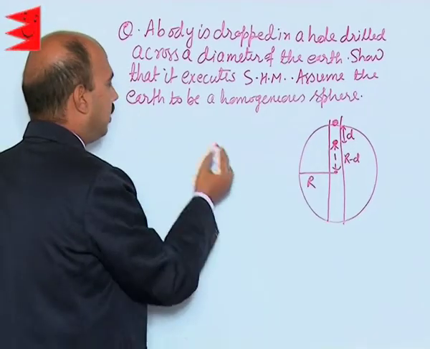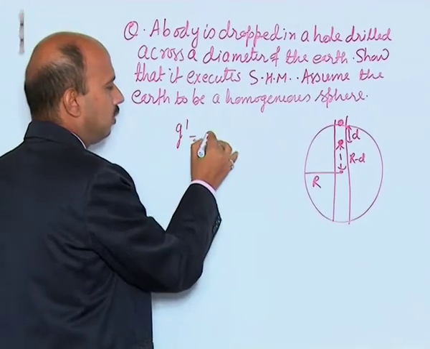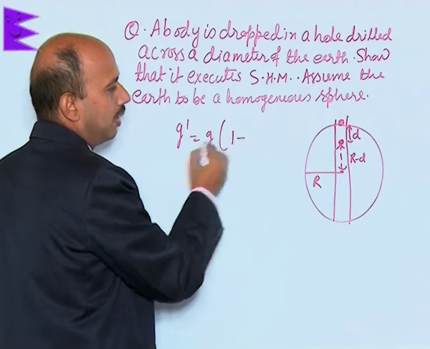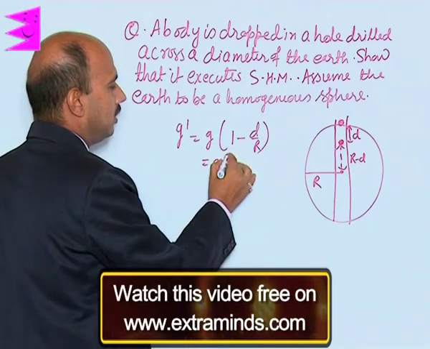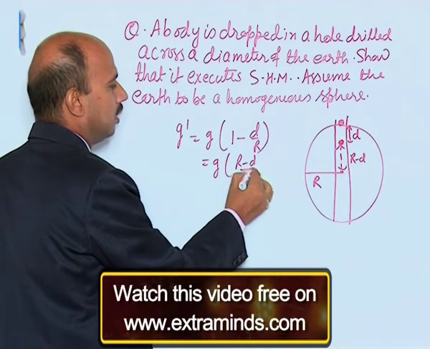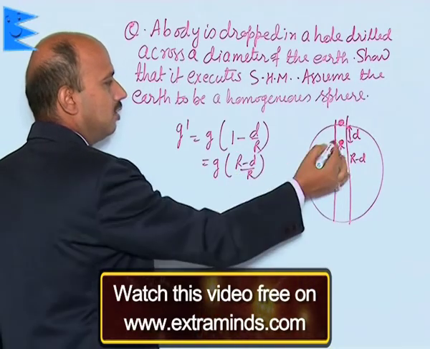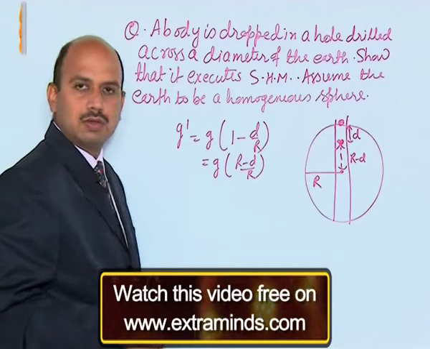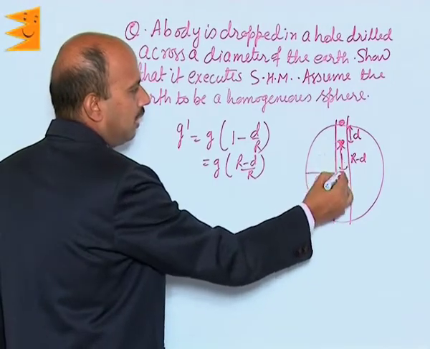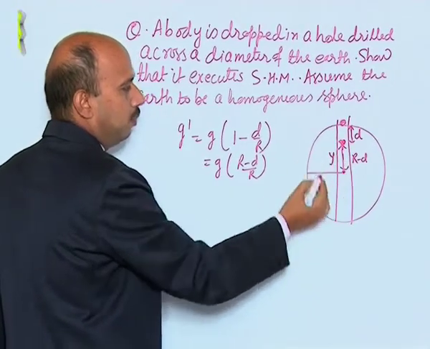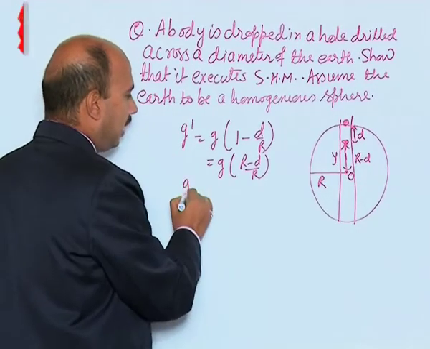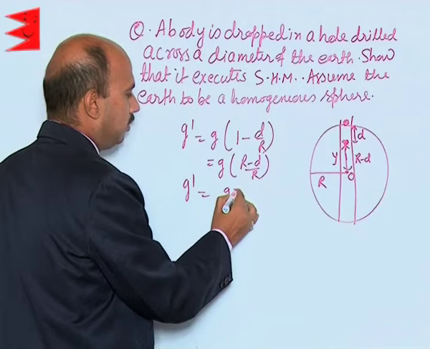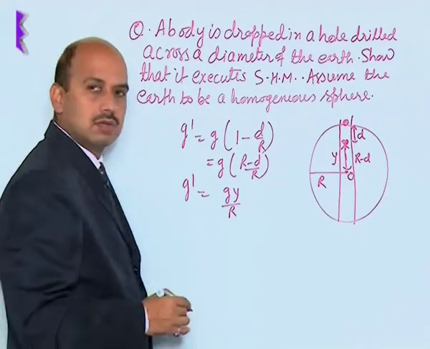So, we can write g dash is equal to g into 1 minus d upon r, that is g into r minus d upon r, the acceleration due to gravity at this point. This displacement is y, suppose, from the mean position, because this is the mean position. So, we can write g dash is equal to g y upon r.